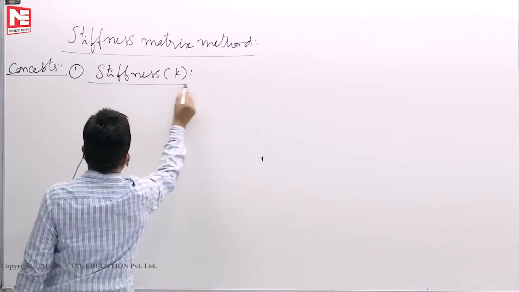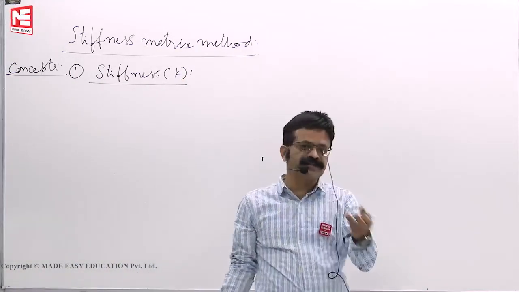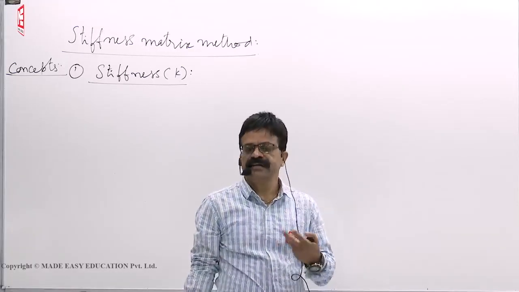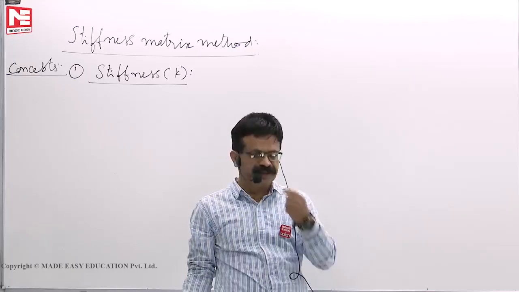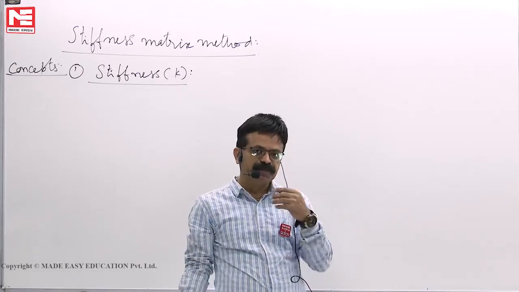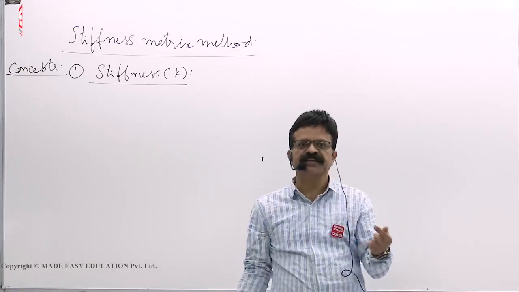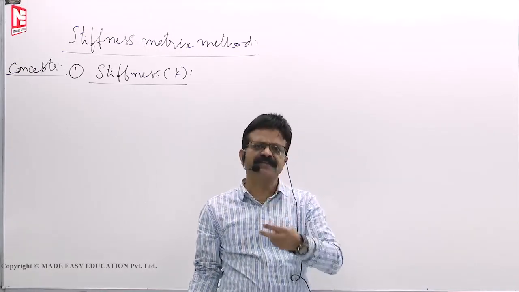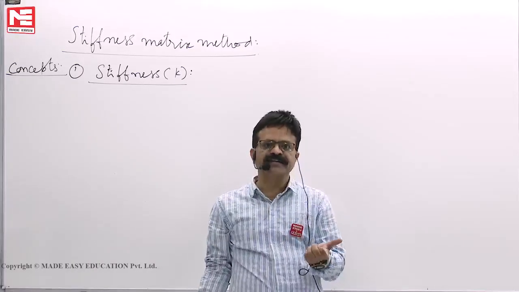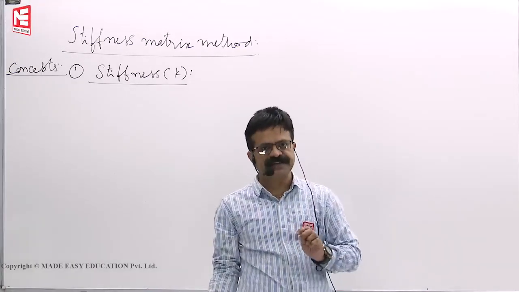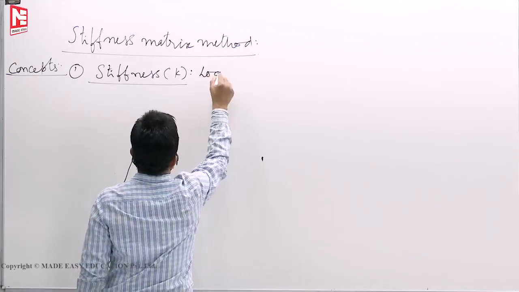Stiffness K. In strength of materials, you have studied the stiffness of a spring and also the stiffness of a beam, meaning the load required to produce unit displacement. Then in the moment distribution method, you have studied the moment required to produce unit rotation. You call it the stiffness factor or simply stiffness. For each type of loading, the corresponding stiffness we can find. So stiffness K means the load required to produce unit displacement.